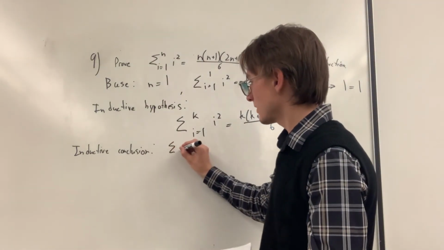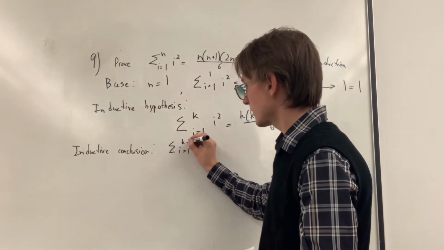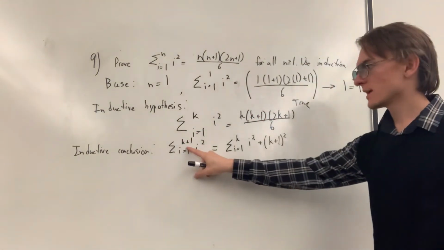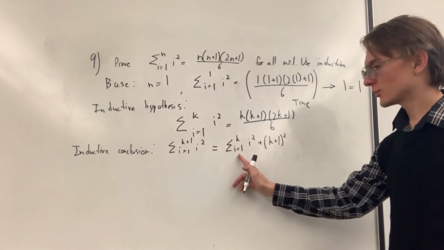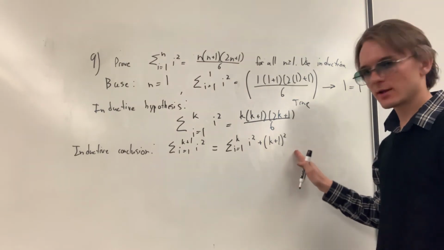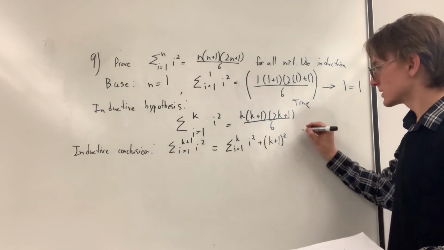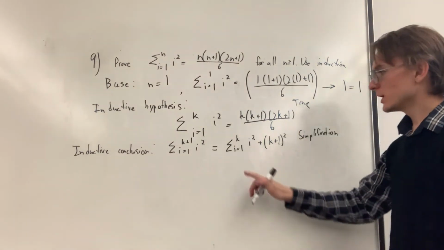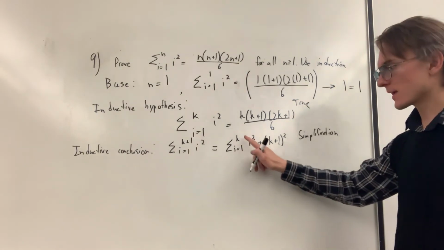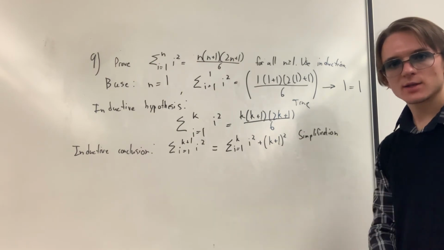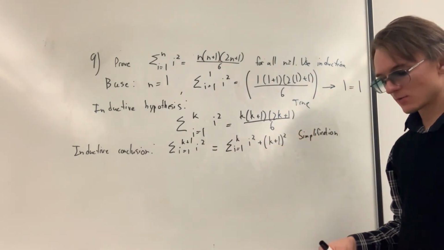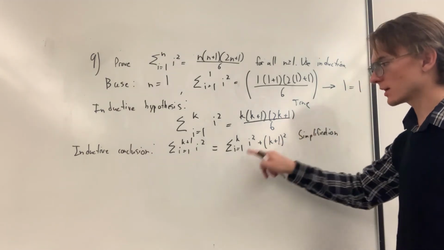We have the sum of i equal to 1 to k plus 1 of i squared is equal to, we simply take the k plus 1, turn it into a k, and then add what we would have added with that final loop here at the tail end. This is simply simplification. We know that the sum of i equal to 1 iterating to k of i squared is what we've assumed it to be. We assumed it to be this expression here. So we use the inductive hypothesis by plugging it in there.